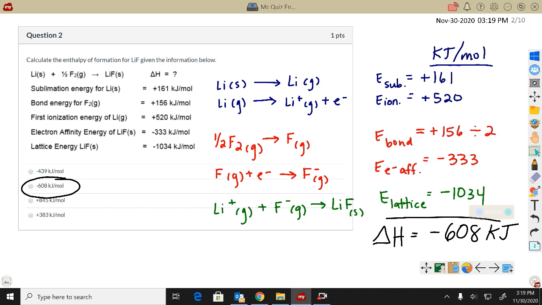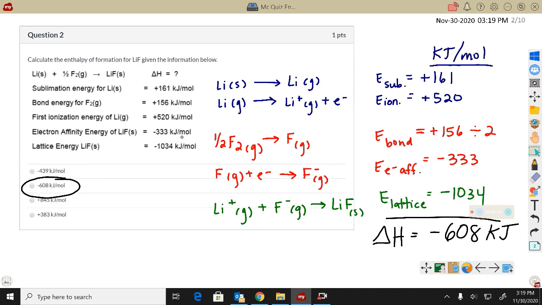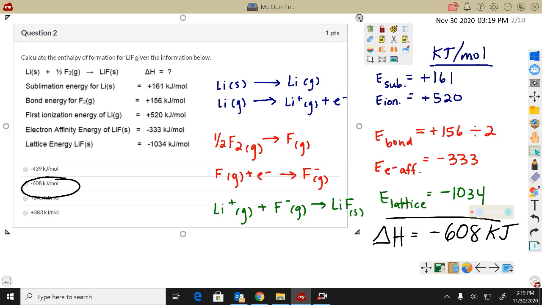So I have to take this half a mole of gaseous F2 molecules, and I need to separate them to form the gaseous fluorine atom. Now here's the one step that sometimes people kind of fumble, and that when I look at the units, electron affinity is kilojoules per mole.